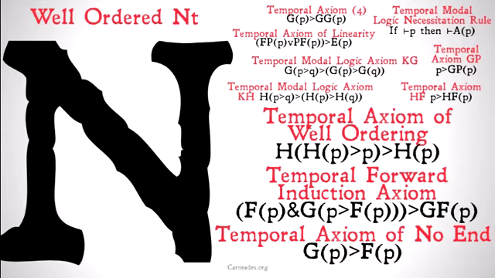And the temporal forward induction axiom is going to imply backwards discreteness. And of course, the temporal axiom of no end means that time has no end. It's easy to remember and understand this system when you remember that it maps onto the natural numbers.